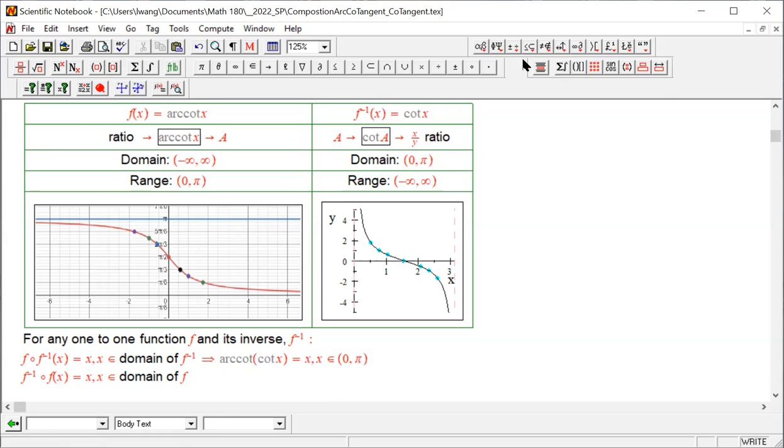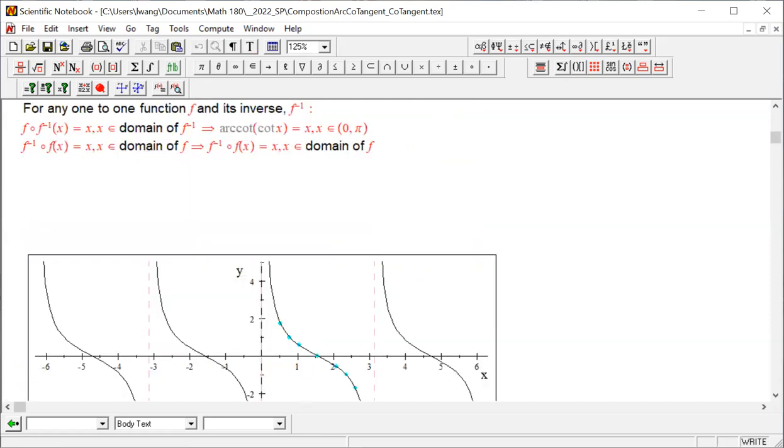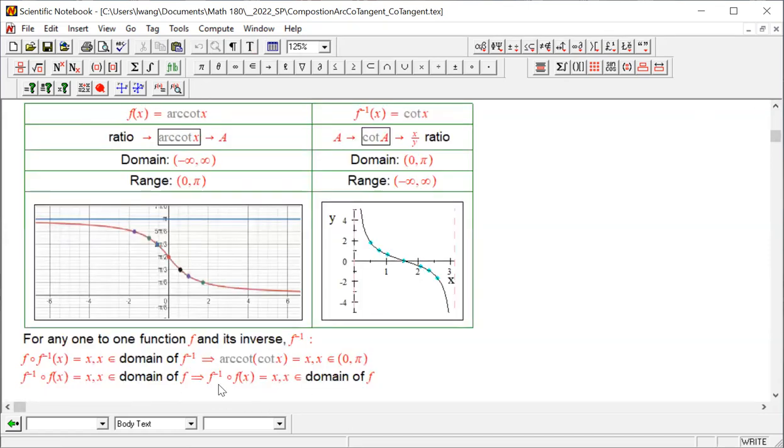And the next property, as a consequence, we're still going to copy and paste, and we just have to substitute the function into the application. F inverse is cotangent of F, which is ArcCotangent of x, and x is in the domain of F. The domain of F is all real numbers.